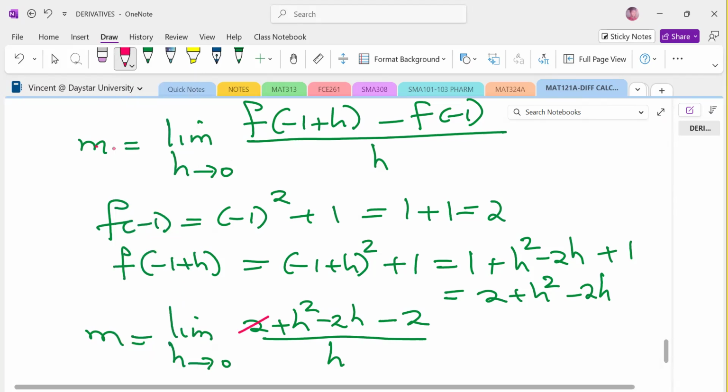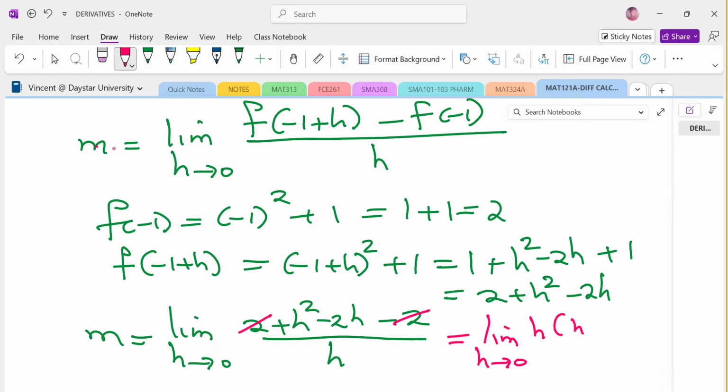So this positive 2 and minus 2 cancels out. So this will be limit as h approaches 0. Now h is common, so you can say h into h minus 2 over h. So this and this cancels out.